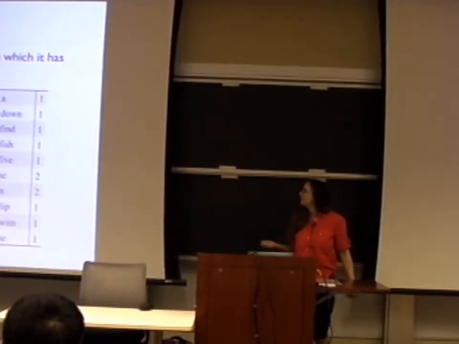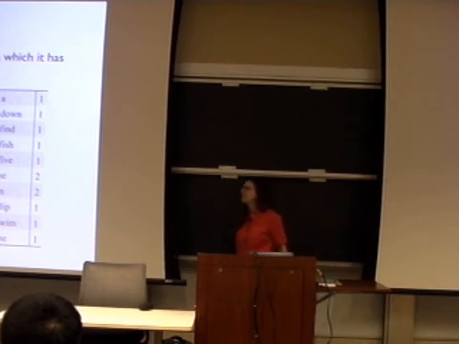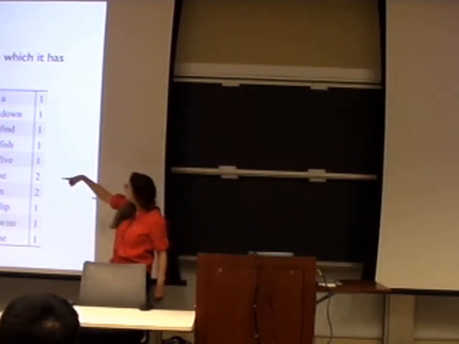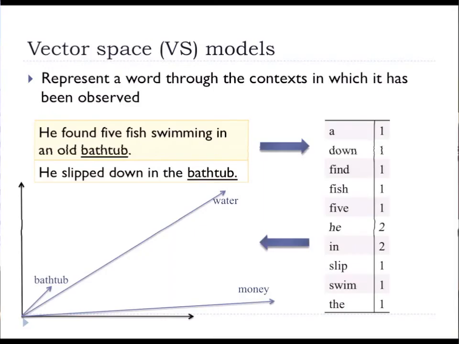So using a really tiny sample corpus of 2 occurrences of the word bathtub, "he found 5 fish swimming in an old bathtub," and "he slipped down in the bathtub." The context in which the word bathtub occurs here are these 2 sentences, and we can represent them by just counting the words that we find, which gives us this table of counts here.